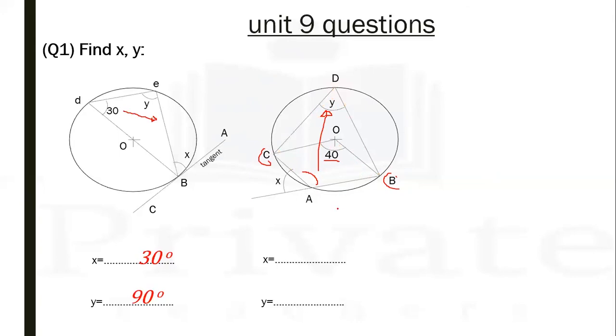We have a rule that says if we have a circumferential angle and a central angle based on the same arc, the central angle is double the circumferential angle. Sorry, this is 80 here, it has to be 80. This is 80, therefore y will be 40 and x will be 40 also.